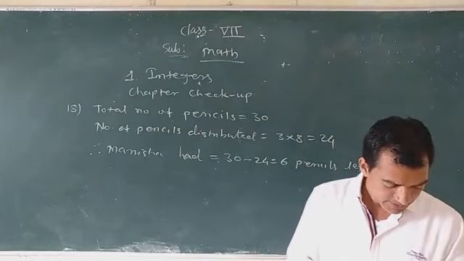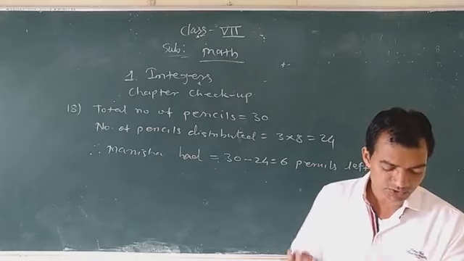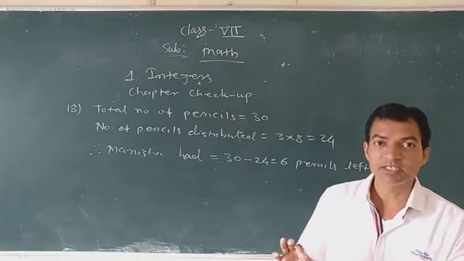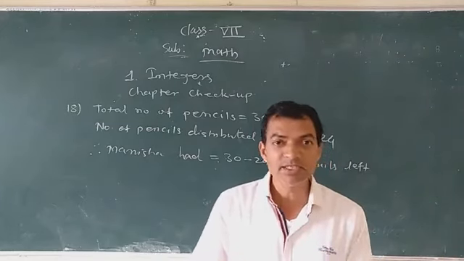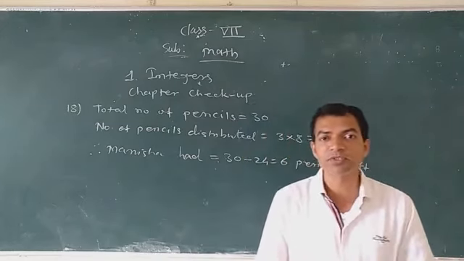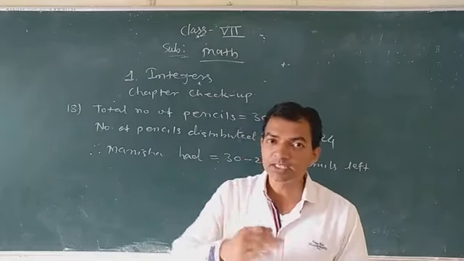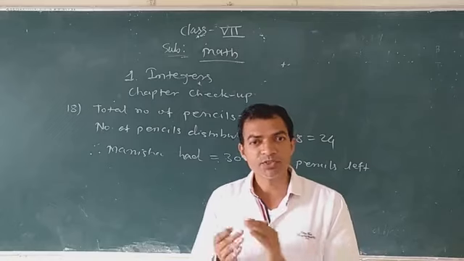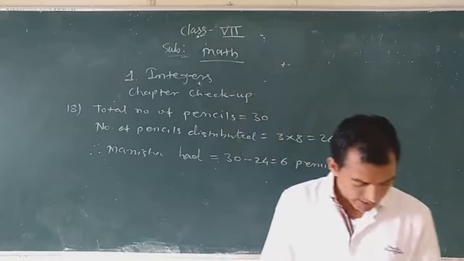Then second, again there are 8 friends. They want juice, packet juice. Okay, each packet of juice has a cost of rupees 20. So in this way, what is the total cost of juice? 20 into 8 is equal to 160. So the total cost of juice and ice cream, that you have to add.